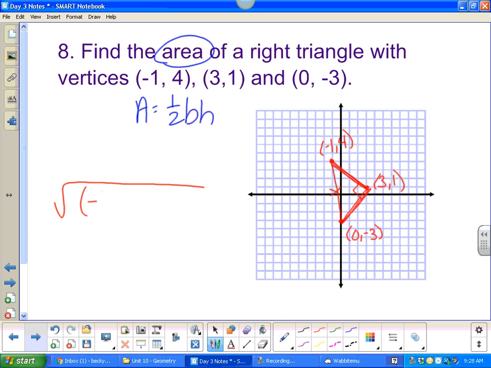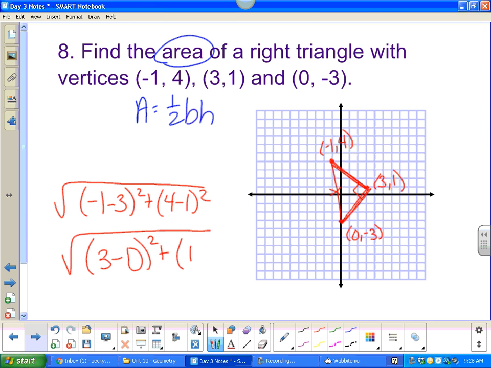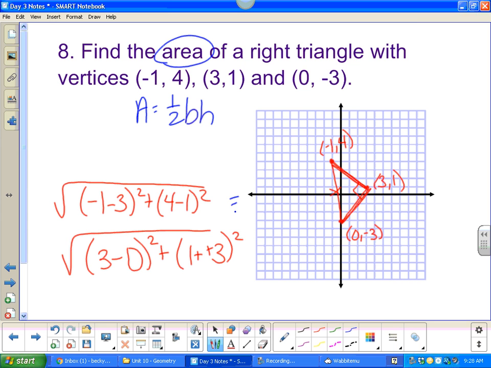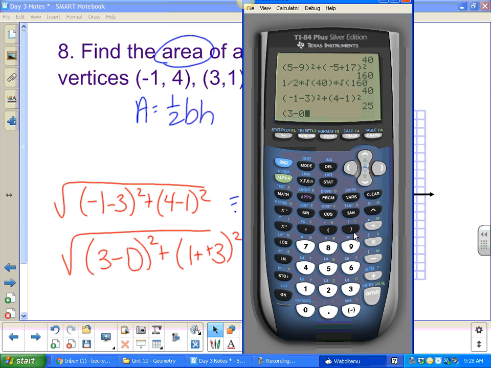So the square root of -1 minus 3 squared plus 4 minus 1 squared, and the square root of 3 minus 0 squared plus 1 minus a minus 3 squared. 25. 25.